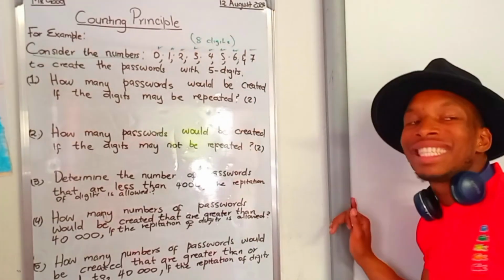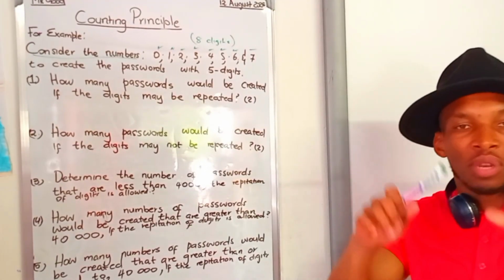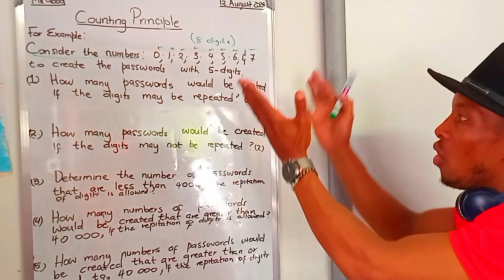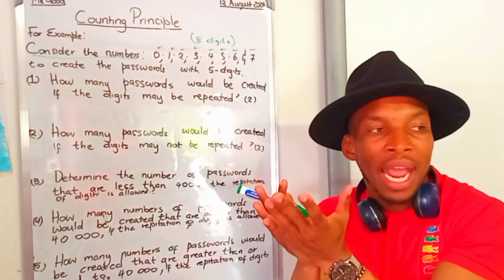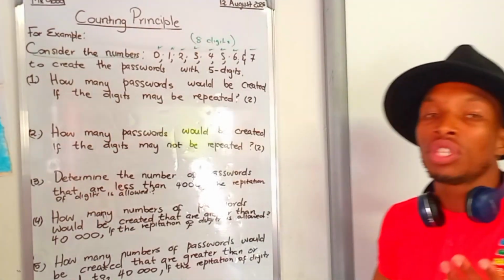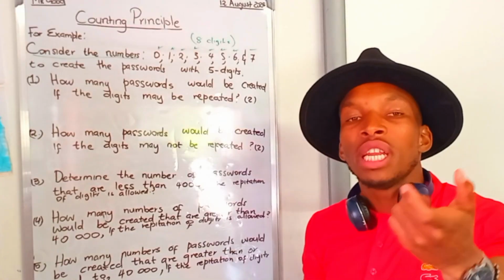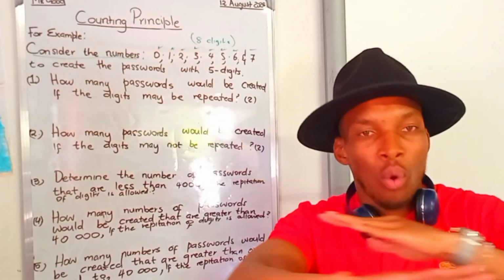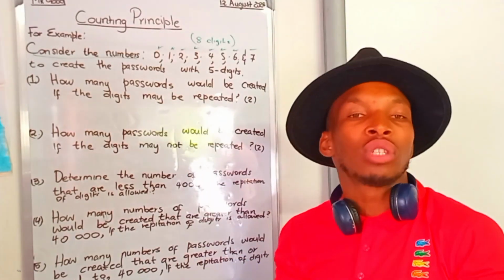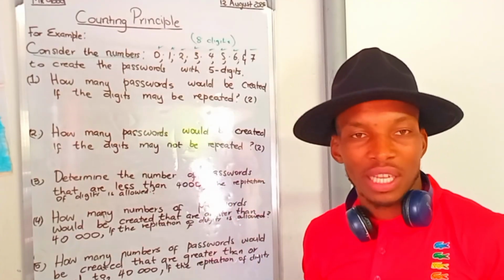We don't have 10 digits. That is the first thing that is very important to note: we need to find the total number of the sample space that we need to use. Therefore, remember the rule says you find the total number of the sample space. After that, you indicate the event by drawing a horizontal line. Between the horizontal lines, you put the multiplication sign. After that, you punch your calculator. You get your solution.